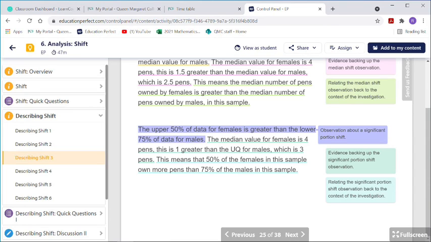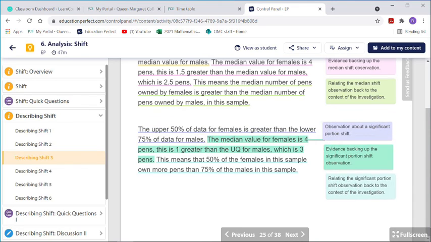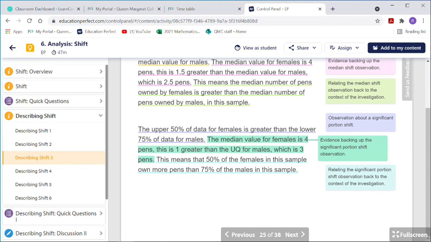So in that case, you can talk about it as median and upper quartile because we know that that's 50 or 75%, but it gives more impact if you talk about the percentages. So the median values for females, and here they're talking about it in terms of percent, here they're talking about it in the names of those different sections of the box and whisker plot.